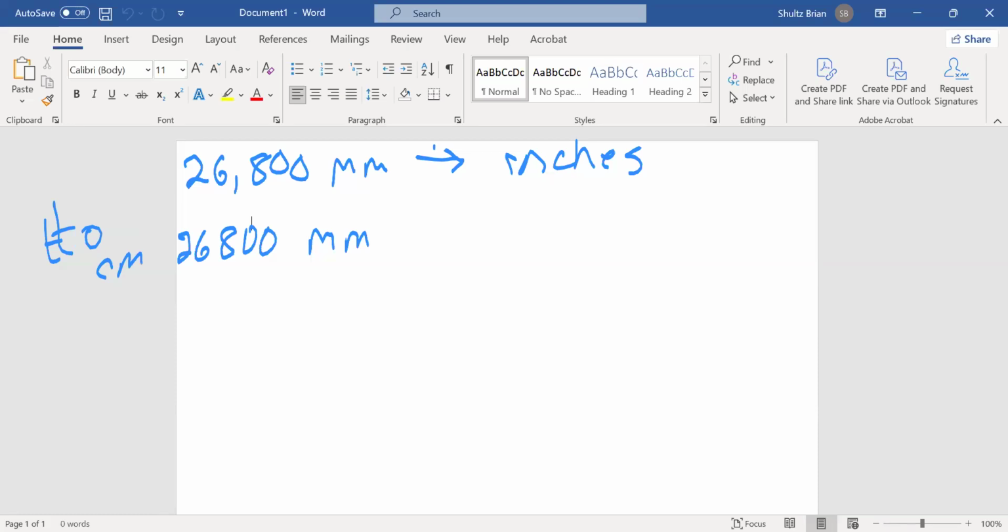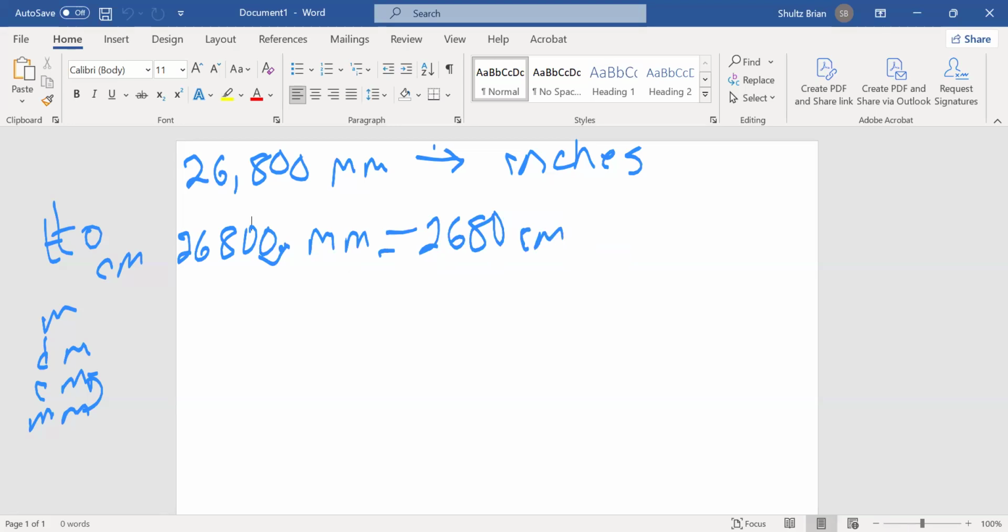So that means I'm going to divide. I've got 26,800 in my chart. Millimeters is the very bottom one. Centimeters is the next one. Decimeters, then meters. But I'm only moving one unit, which means I'm going to divide by 10, which means that I'm going to move my decimal one place over. It gives me 2,680 centimeters instead of millimeters. So now I'm in centimeters.